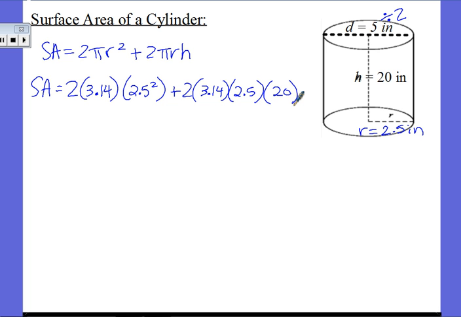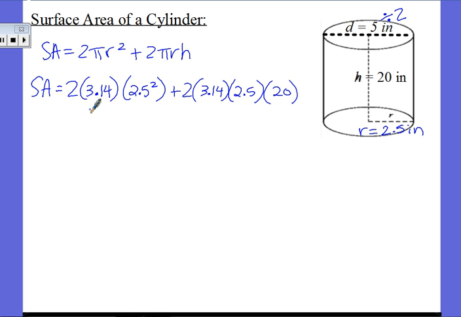I always read my formula and compare it to my substitution to make sure I didn't forget anything. So we have the SA and the equals, the 2, the pi, the r, and the squared, and then the plus, the 2, the pi, the r, and then the h. Everything is there. Then we use our calculator to do order of operations. You can type as long as you do the exponent first and then all the multiplication. So I would do 2.5 squared in my calculator first, and then times 2 times 3.14.